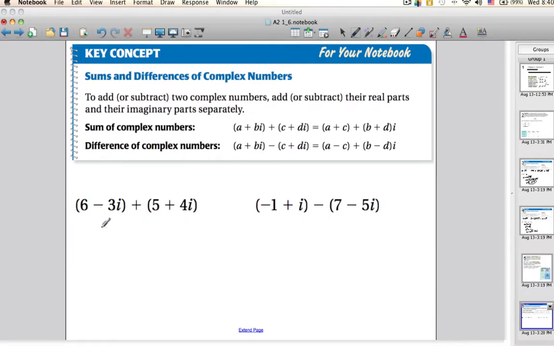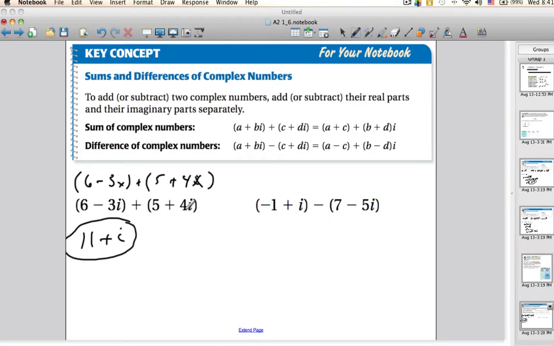If I want to add complex numbers, this really is no different than if I had x. When I'm saying it can act a lot like an x, that's really what's going on. So I have 6 plus 5, that's 11. And I have negative 3i plus positive 4i, that's 1i. So this should be very familiar to you in terms of adding complex numbers.